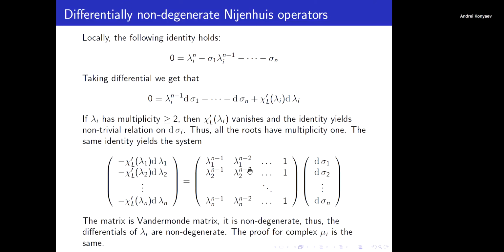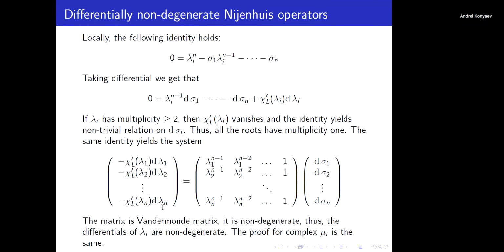But what is important is that because all these eigenvalues are pairwise different, this matrix is non-degenerate and has a maximal rank, then this matrix also has a maximal rank. It means that the differentials of all the lambdas are linearly independent.